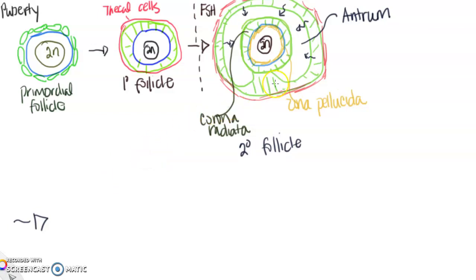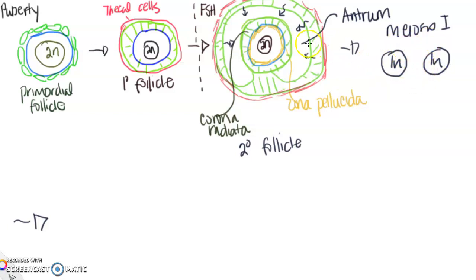meiosis 1. So when that starts, after the secondary follicle is formed, then our primary oocyte finishes meiosis 1. So that leaves us with 2 daughter cells, okay, and they're both 1N.